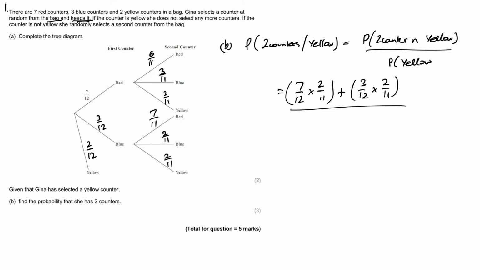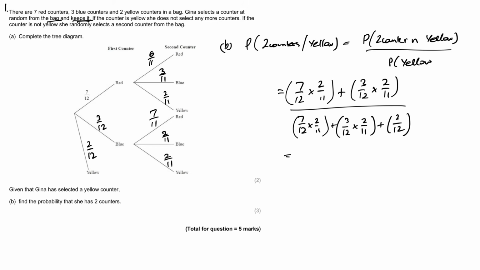And then the probability that we have a yellow counter is very similar, but it's 7 over 12 times 2 over 11. That one's yellow, isn't it? But then also we could have just had a single yellow counter, couldn't we? Straight away a yellow counter.